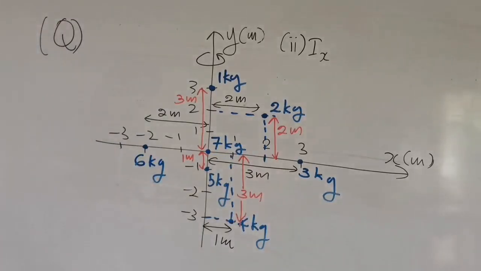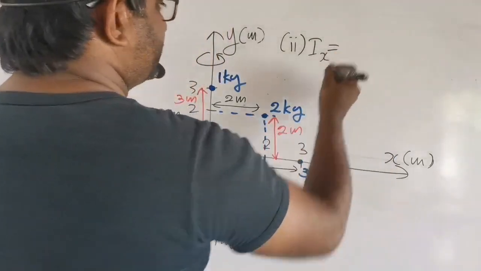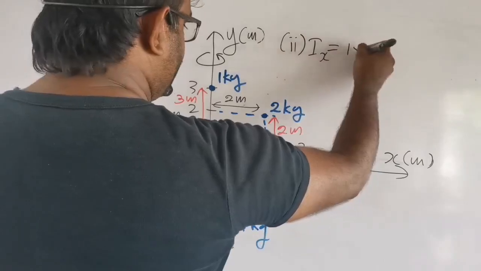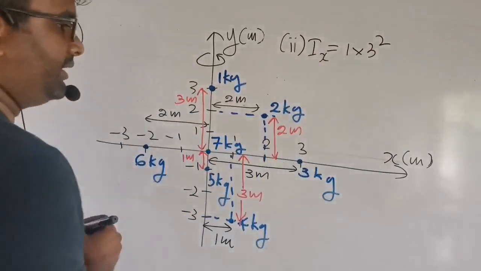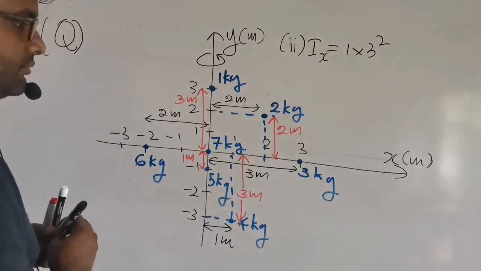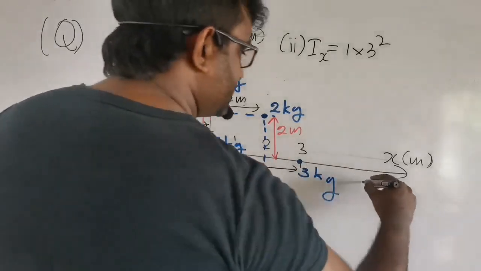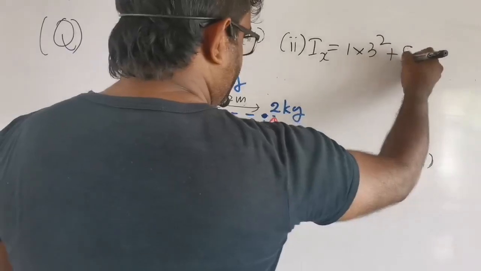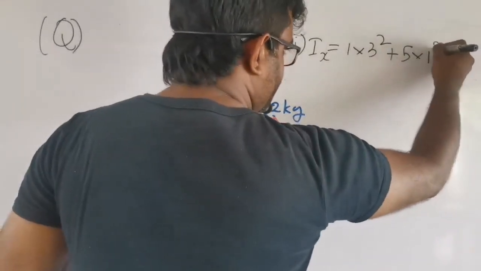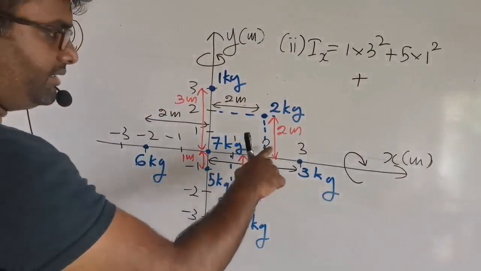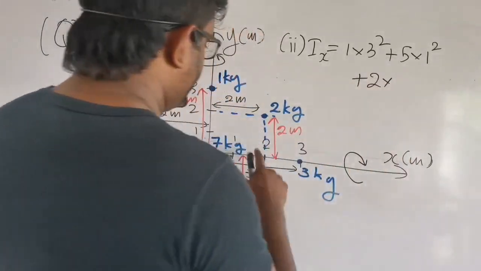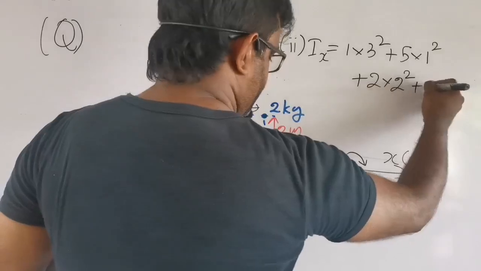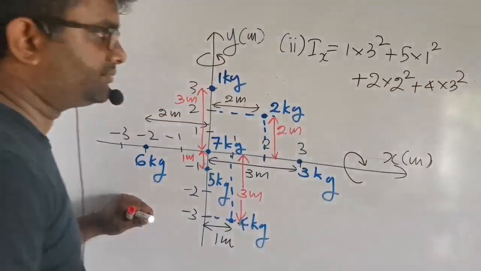Then we can write Ix equals 1 kilogram, distance 3 squared, plus here 5 into perpendicular distance 1 squared, plus 2 into perpendicular distance 2 squared, and here 4 into perpendicular distance 3 squared.